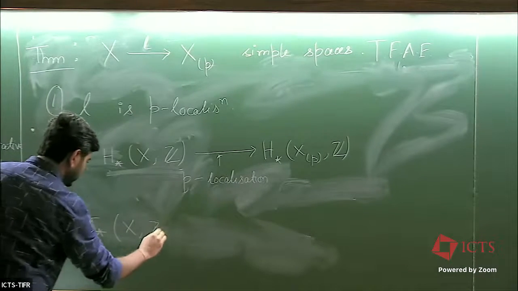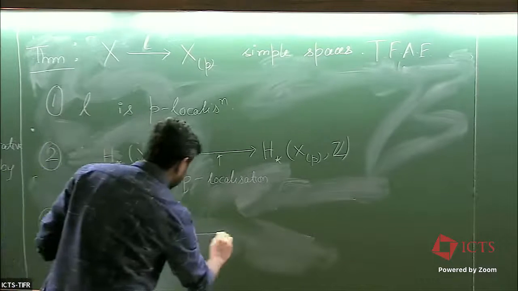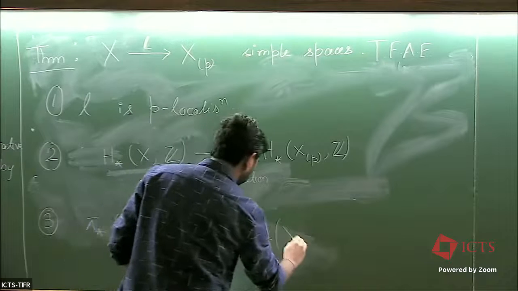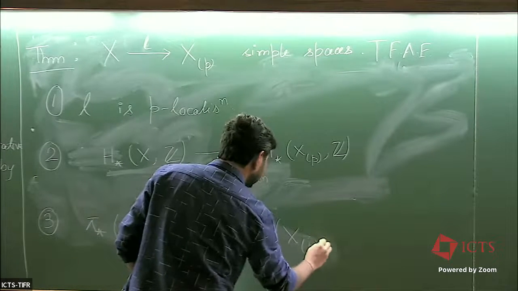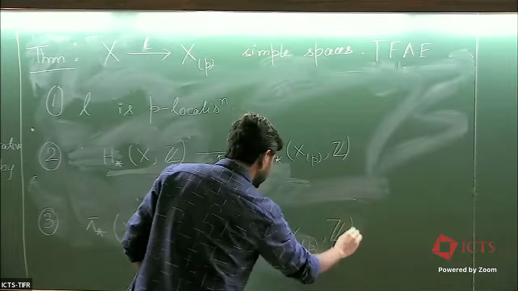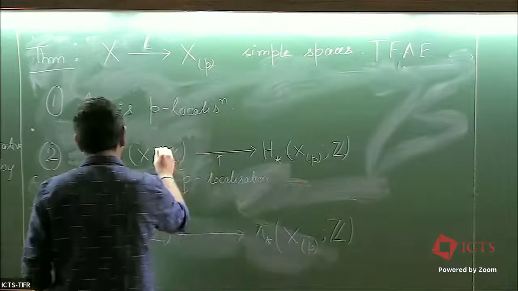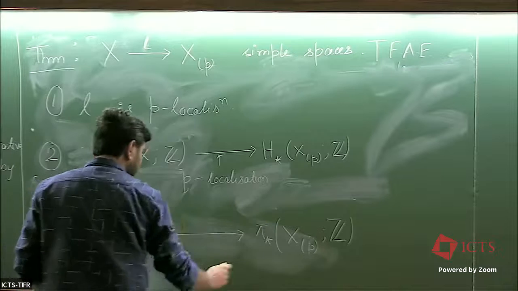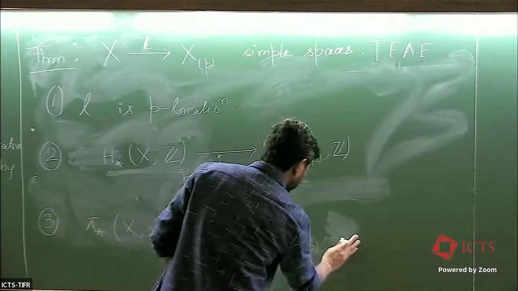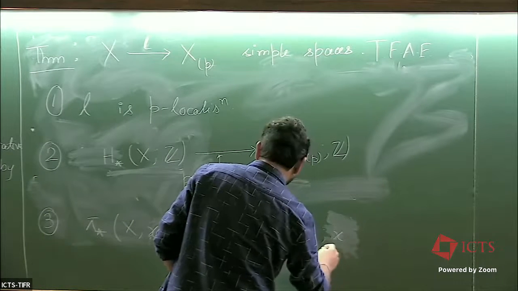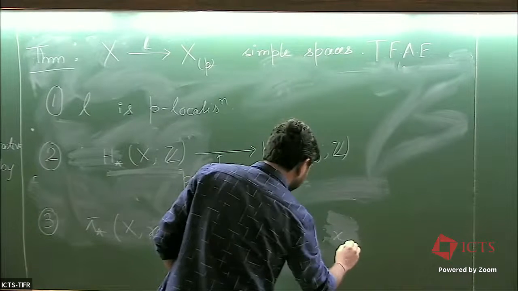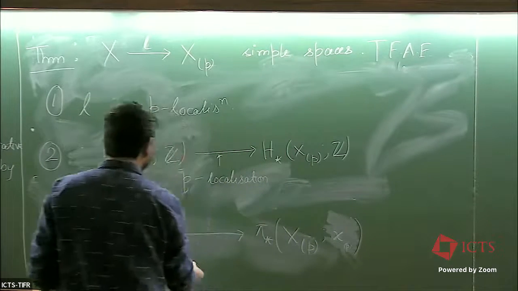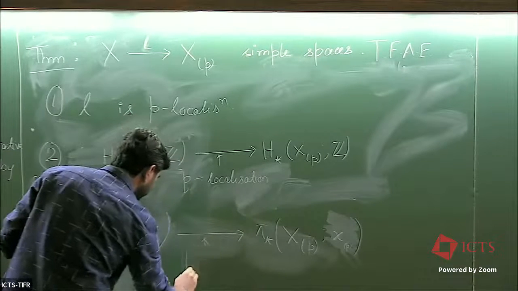The induced map on homotopy groups, with the base point of X_P, I'm calling it small x_P, is also a P-localization map.